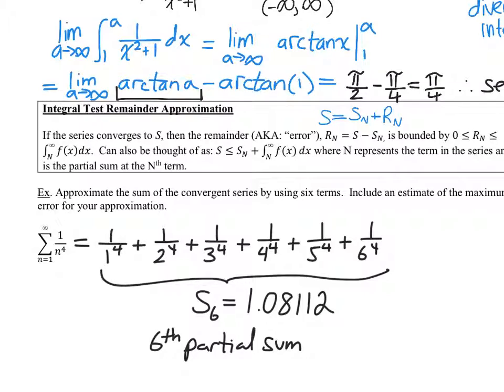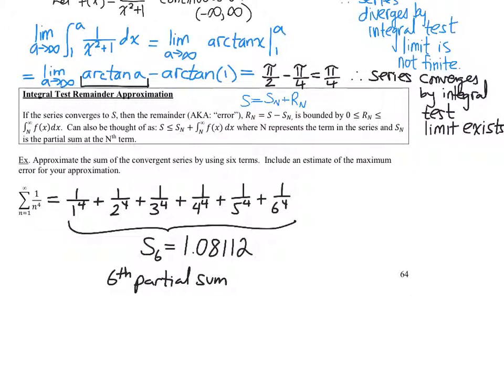So what we would do, if I wanted the full sum, is I'd find the integral going from 6, the sixth term, the rest of the way to infinity, of 1 over n to the fourth. I'm sorry, 1 over x to the fourth, because it's got to be in terms of x.